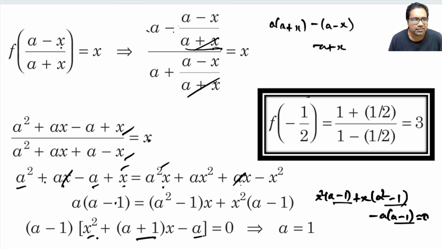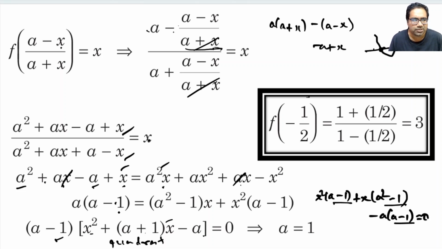Now, this product should be equal to 0. It is a product of two terms, and one of them is a quadratic equation in the form of ax square plus bx plus c. A quadratic equation can at most touch the x-axis twice, so it can be 0 at most two times.